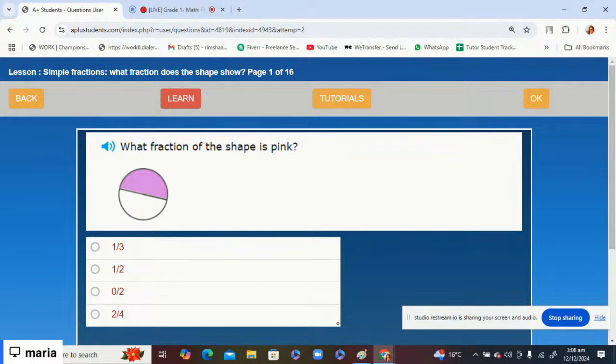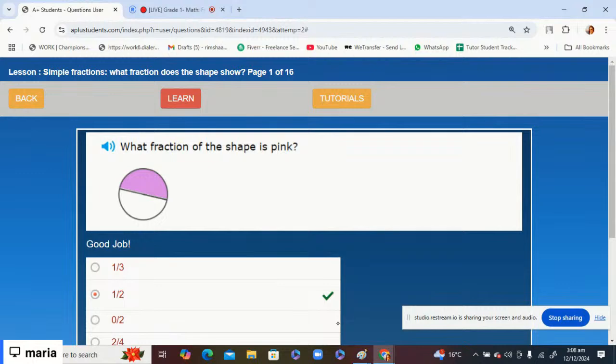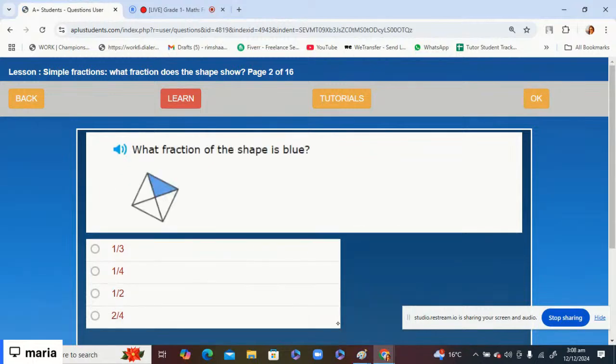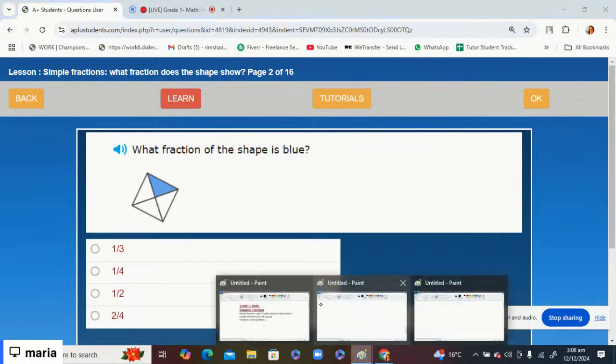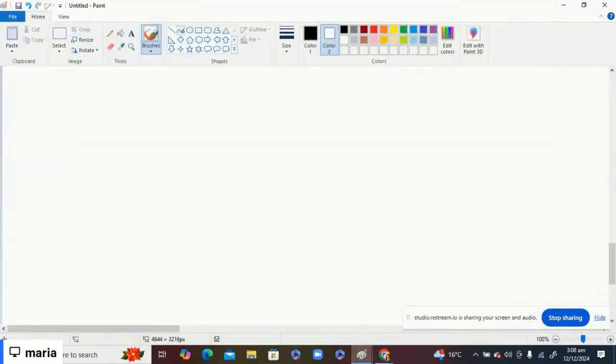There are two total parts. And how many are pink? Only one. So it's 1 by 2. Is it the right answer? Alright. What fraction of the shape is blue? Let's solve this one.